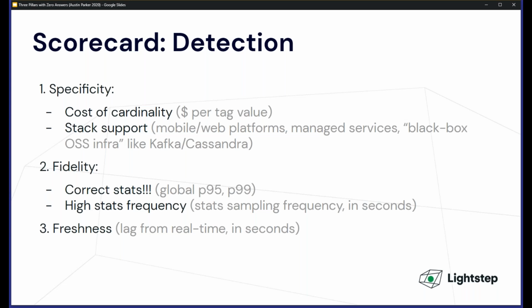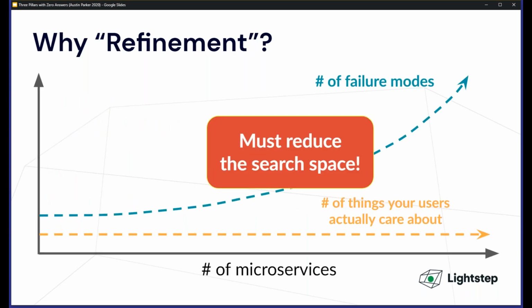So if I'm buying technology or I'm trying to build my own observability platform, and there's more than about 5 seconds of lag between when an event occurred and when I can actually see it, then that's going to be tricky. That's going to be hard to really see cause and effect.